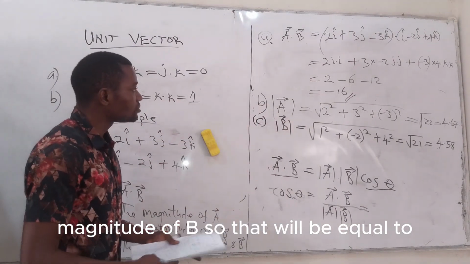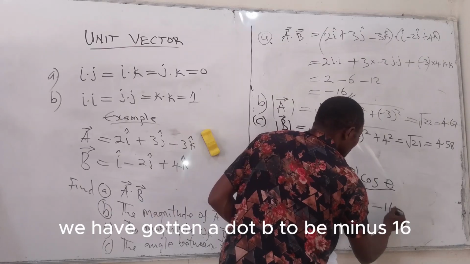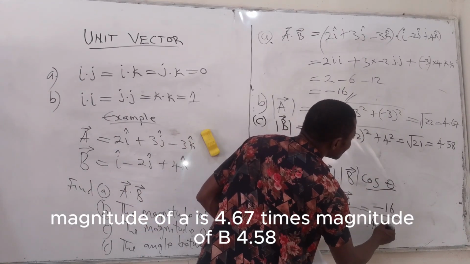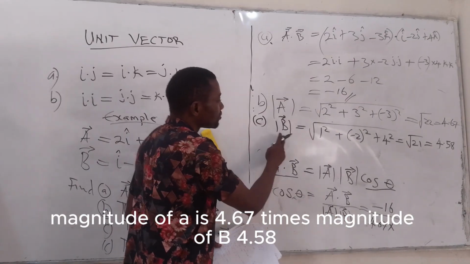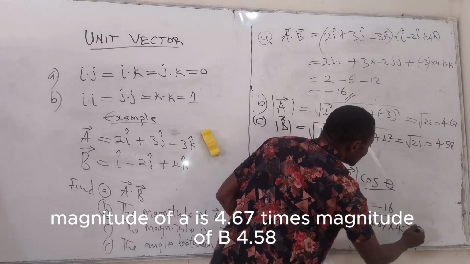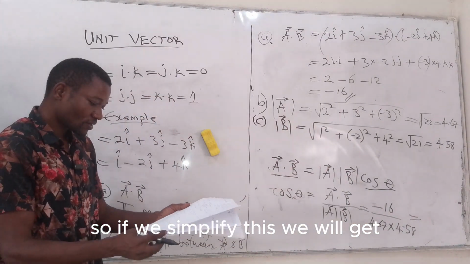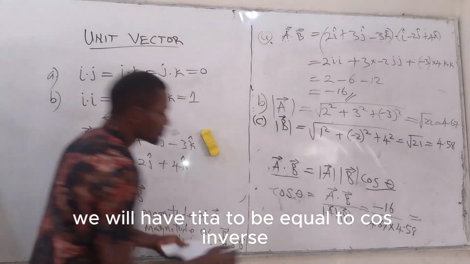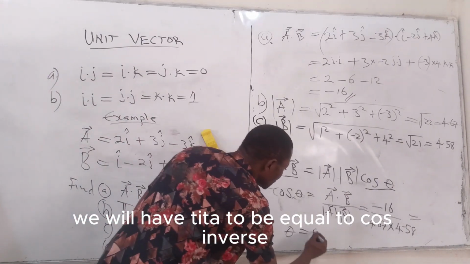So that will be equal to, we have gotten A dot B to be minus 16. The magnitude of A is 4.67 times the magnitude of B, 4.58. So if we simplify this, we will have theta to be equal to cos inverse.